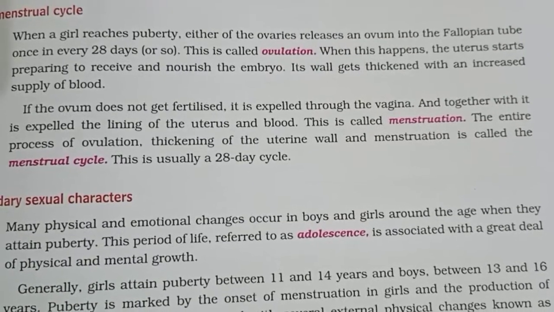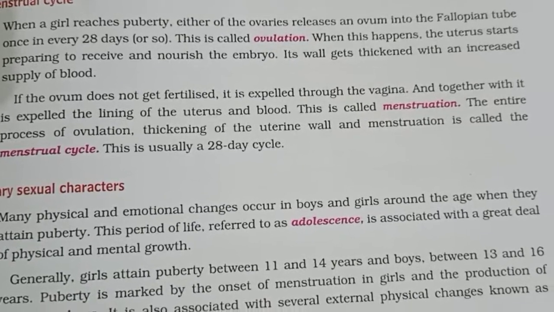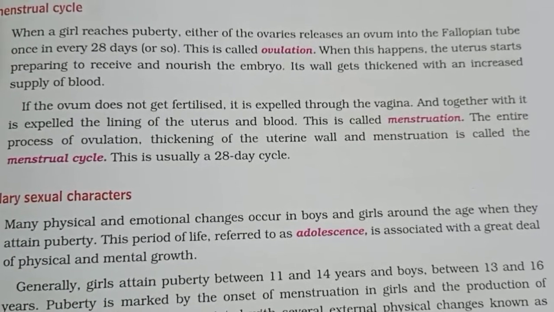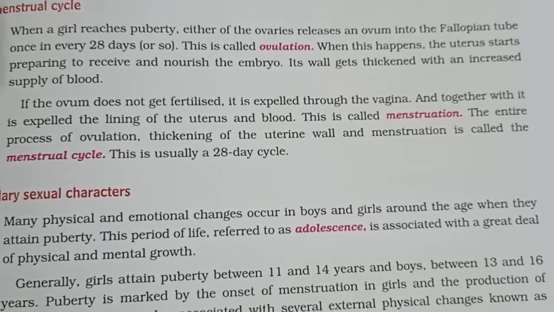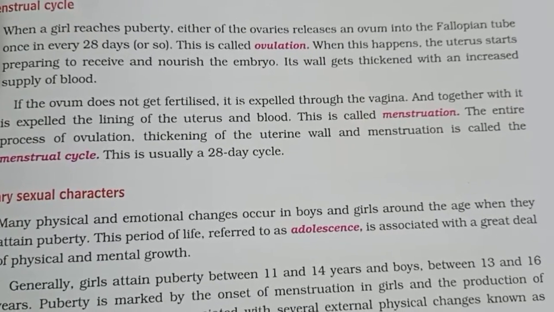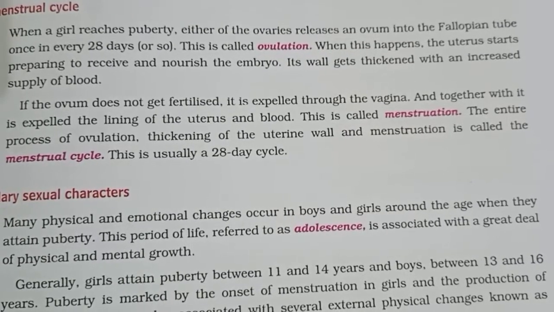After ovulation, the uterus starts preparing to receive and nourish the embryo. The walls get thickened with an increased supply of blood.